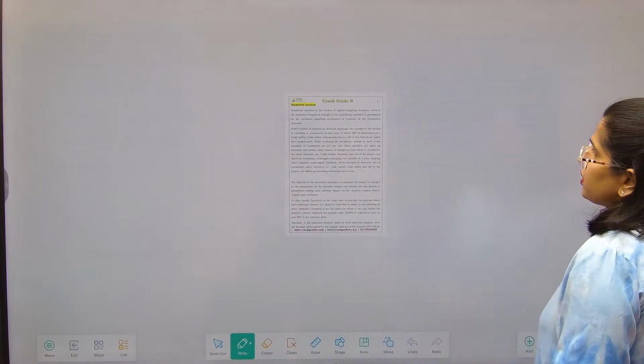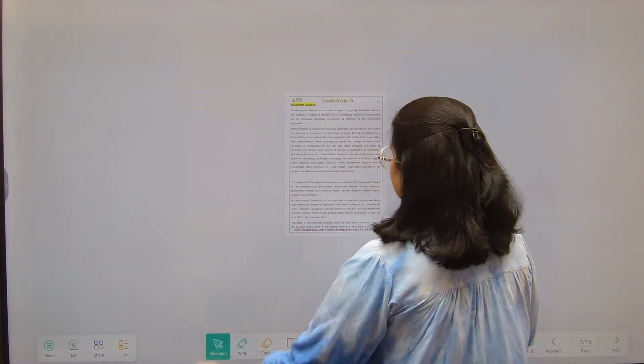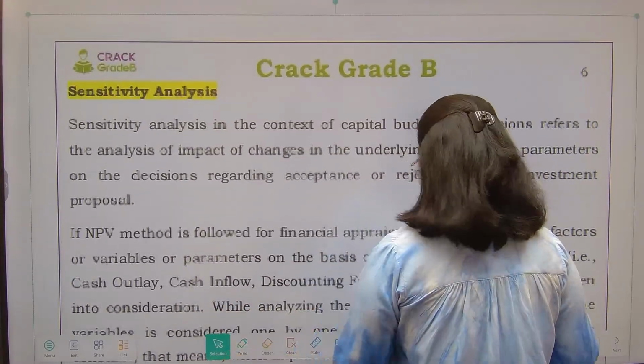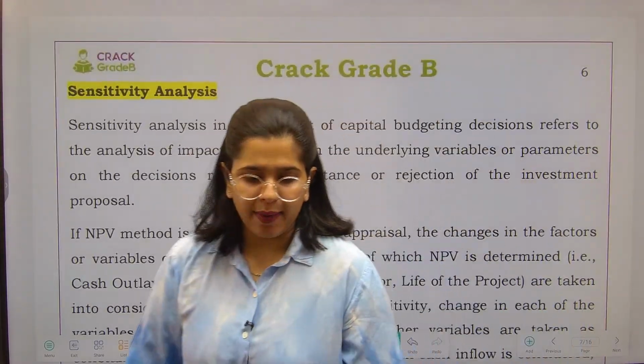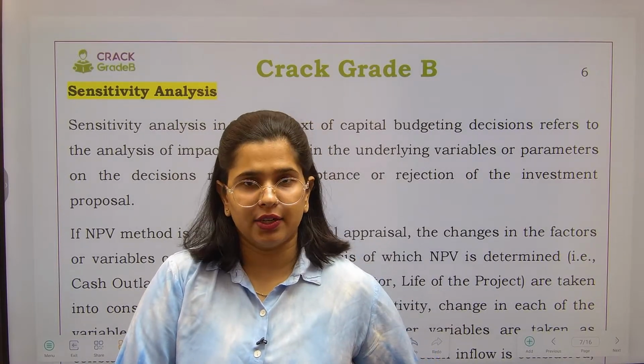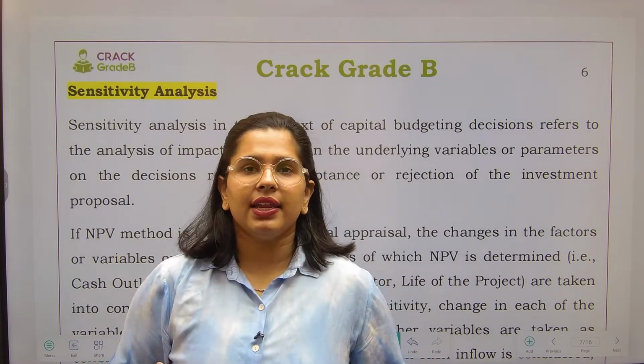Next, this was our decision tree analysis, then we have sensitivity analysis. Now this is something which is important over here. Sensitivity means what? See, in any kind of capital budgeting related decisions, we have a lot of factors that need to be considered, a lot of variables. What kind of variables?